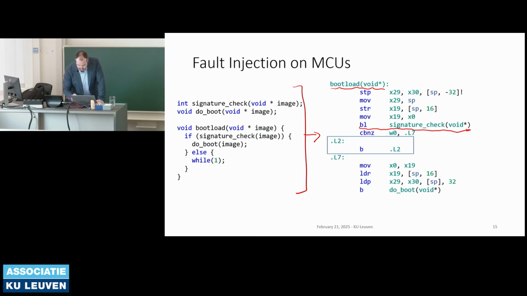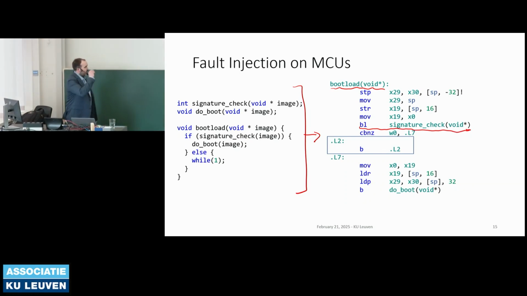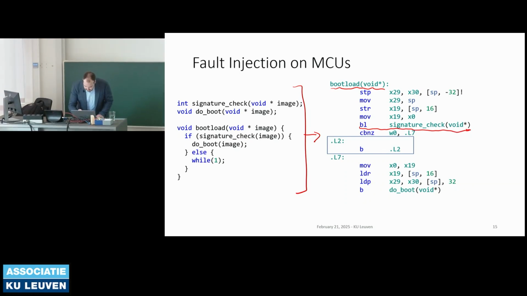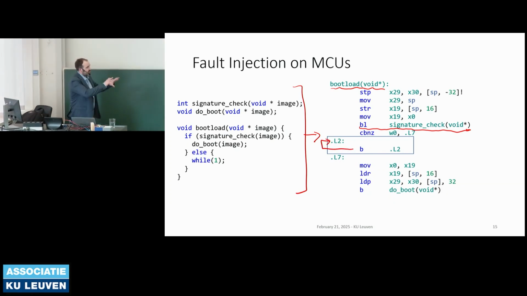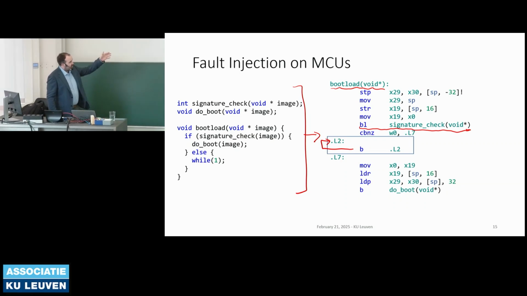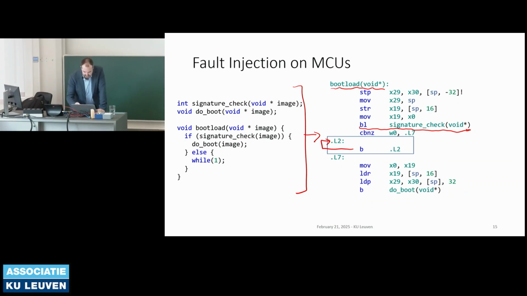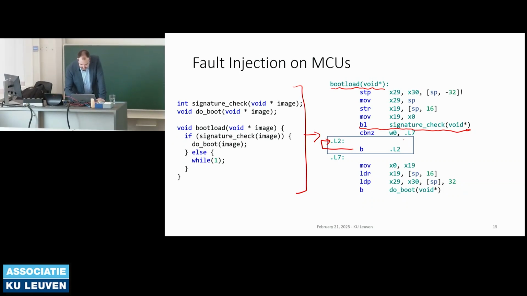So that's what I talked about skipping. But the way the program flow is written, you'll notice that this infinite loop has been put up here, right? This is just a normal ARM compiler, it often does this. Even though I've written the code on the left in one order, it switched it around because it doesn't matter. But what does matter for fault injection is how much easier it is to bypass the signature check.